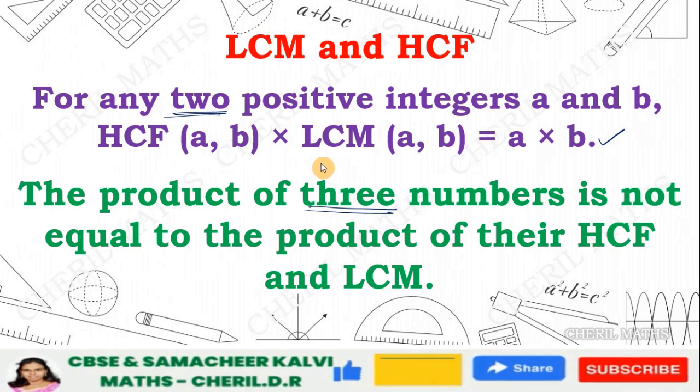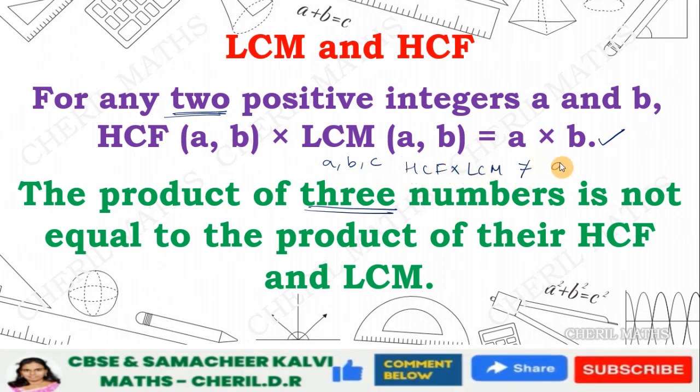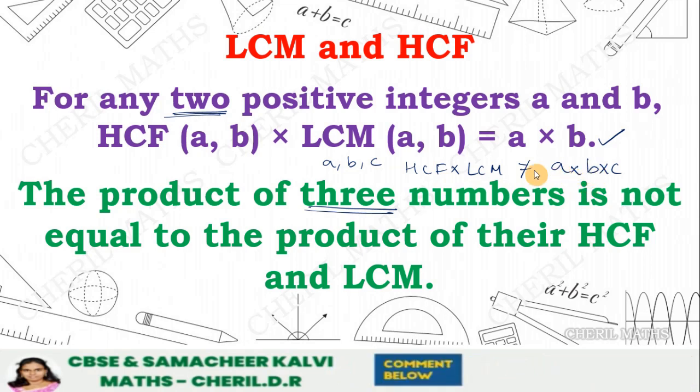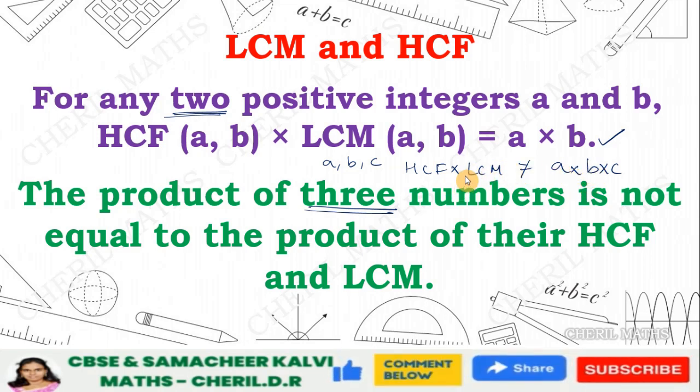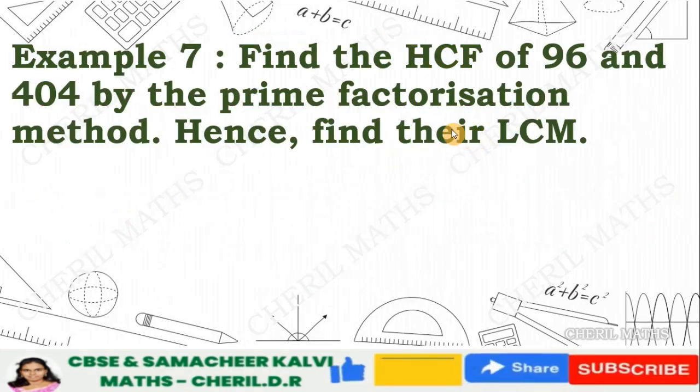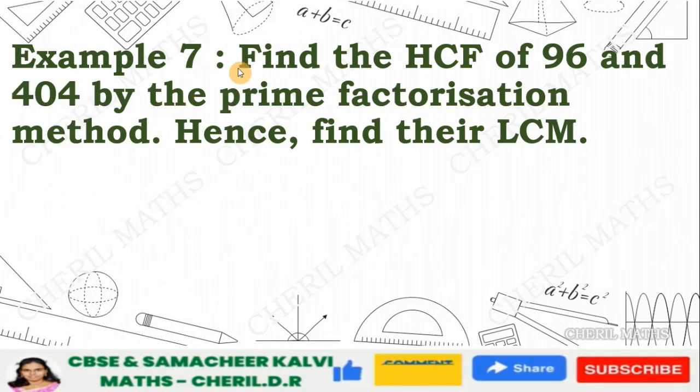If you find the LCM and HCF of three numbers A, B and C, the HCF into LCM will not be equal to the product of A, B and C. You may be asked this in assertion and reasoning questions, so please be careful with these concepts. Now let's get into Example 7.